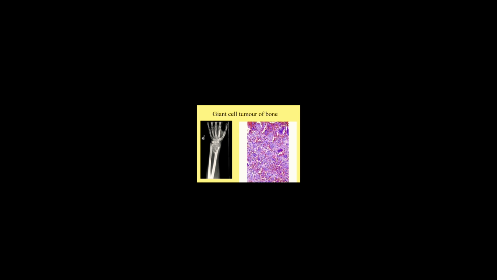Giant cell tumor is so named because of the histology, which is dominated by multinucleate osteoclast type giant cells, giving the synonym osteoclastoma. It is a relatively uncommon benign but locally aggressive neoplasm. It usually arises in the 20 to 40-year age group.